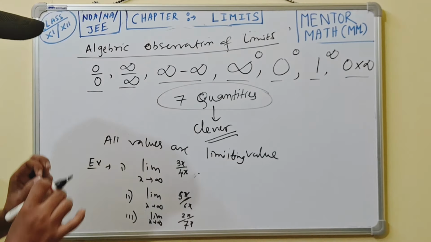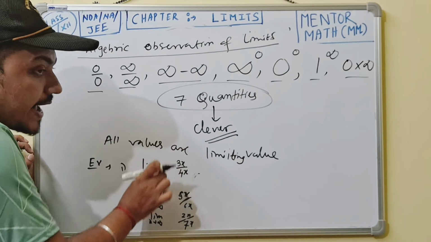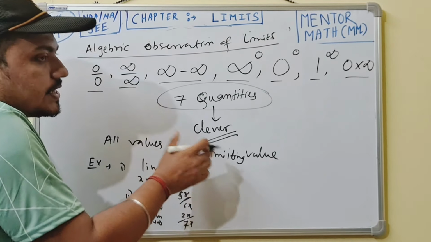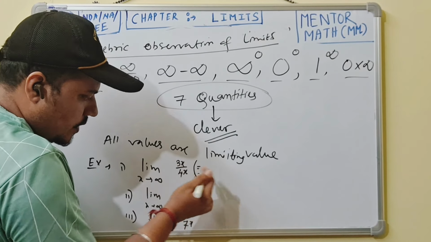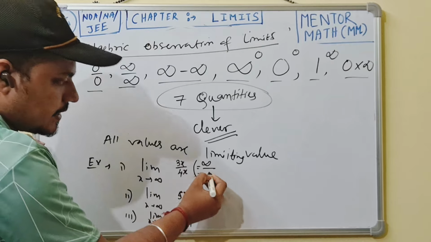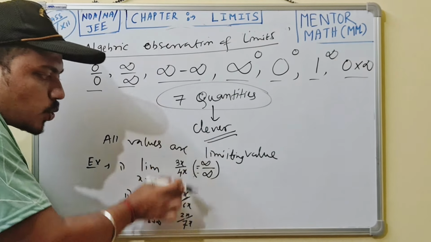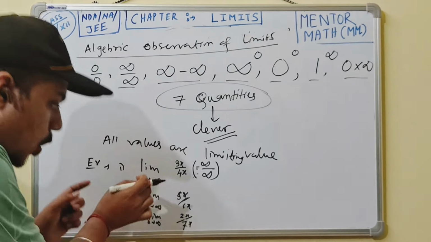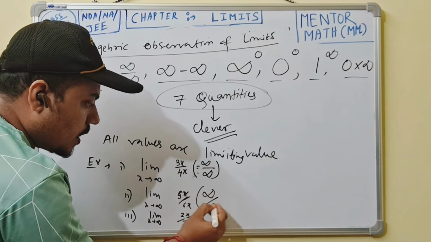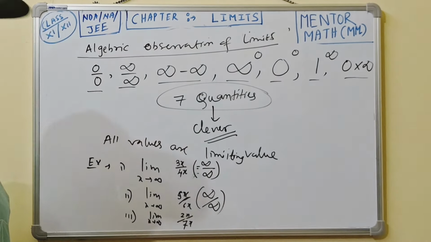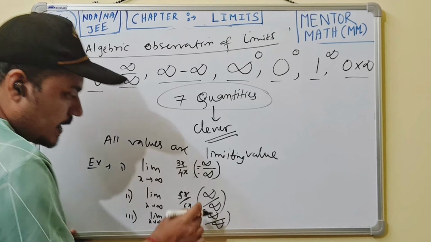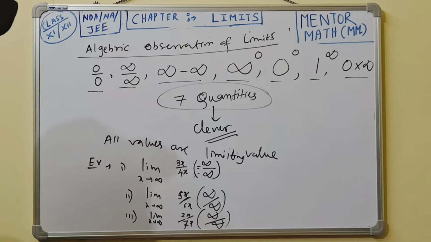Now you can see, if I put x tends to infinity, 3 into infinity is infinity, and if I put x here, that also gives infinity. So this quantity gives infinity by infinity. Similarly the other two also give the infinity by infinity form.